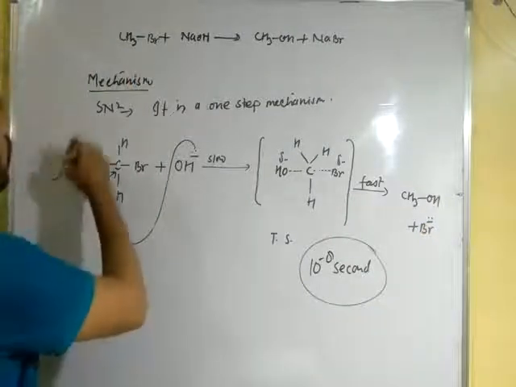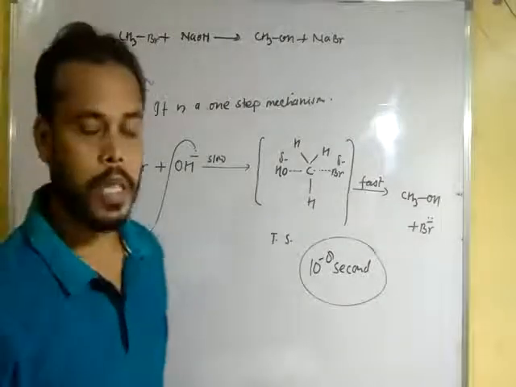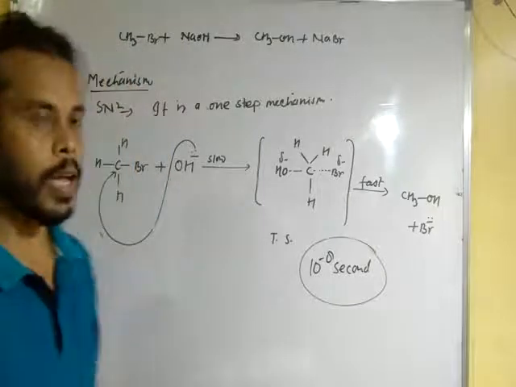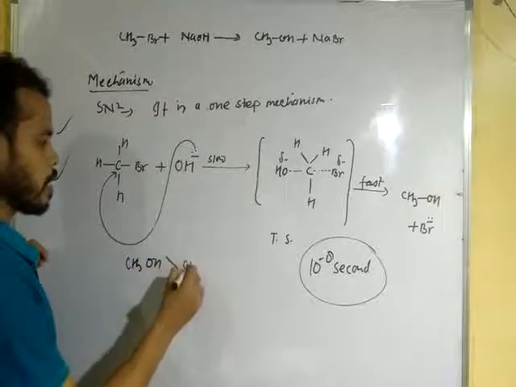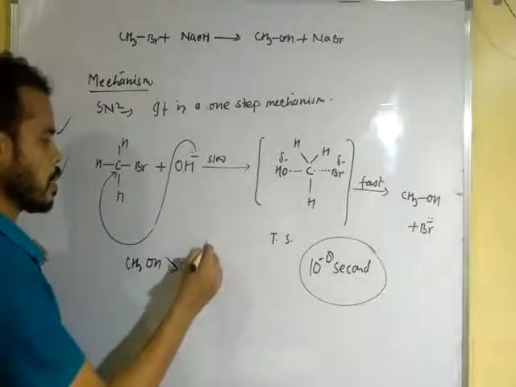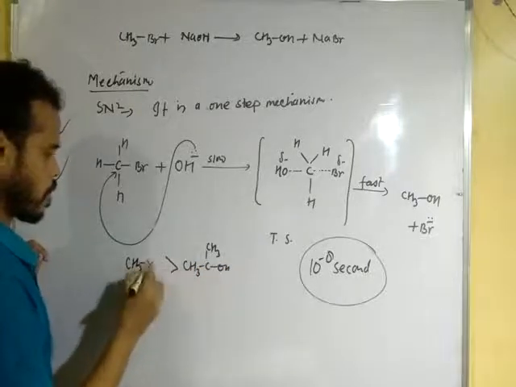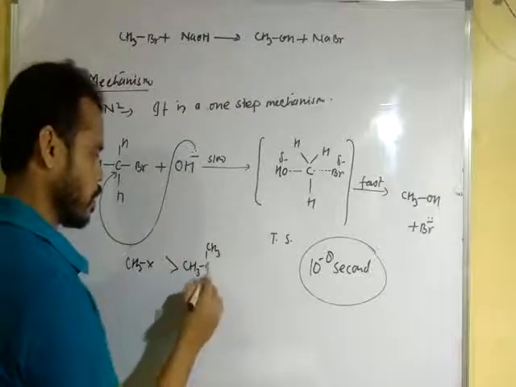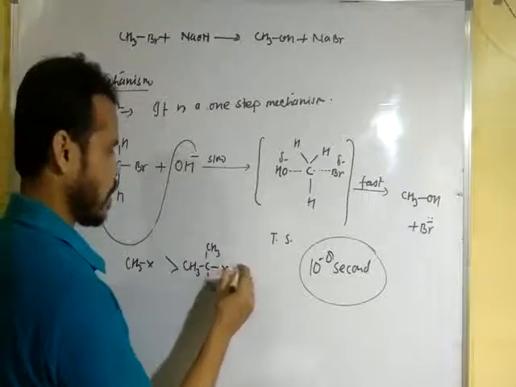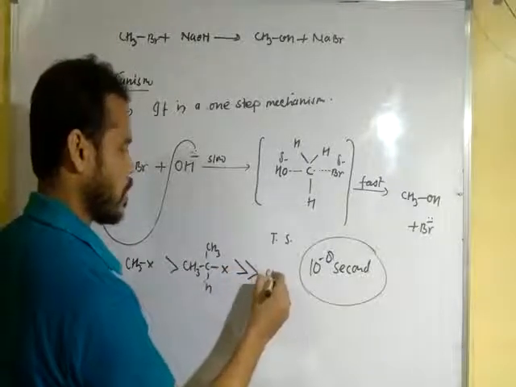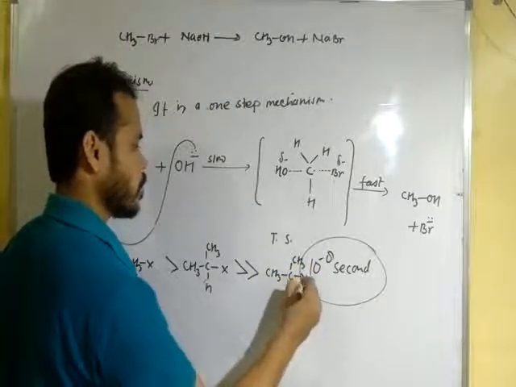So this is our SN2 mechanism, and the ease of reaction towards the SN2 mechanism is CH3X greater than primary alkyl halide, and very little for tertiary.